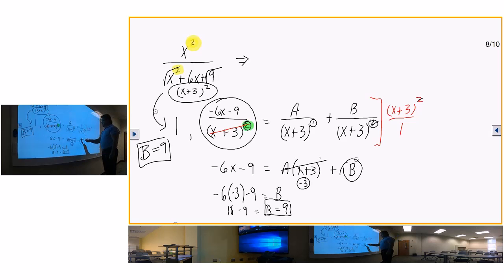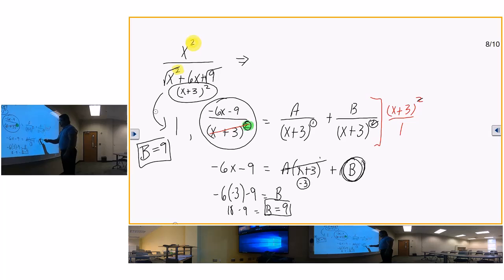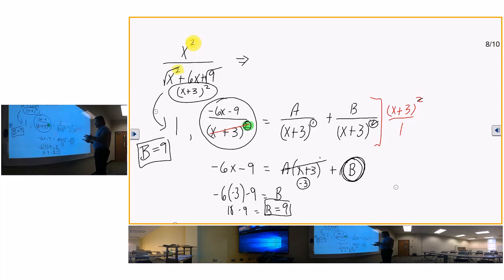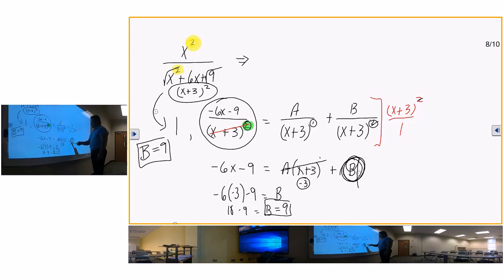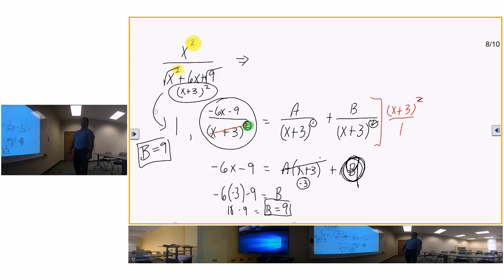If you've got a variable over here by itself, b, there's no x's, there's no numbers, there's nothing, then you can plug this 9 in and plug in a simple number like 0 or 1 for this, and you can solve it. Because think about it. When I plug that 9 in right there, how many variables do we have? 1, just x.